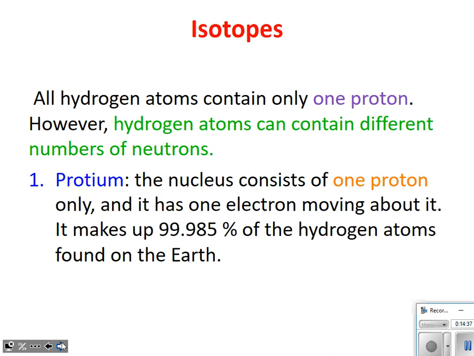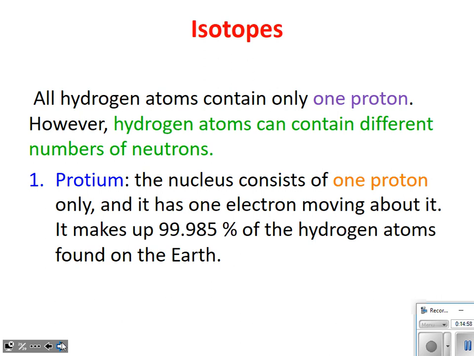None, because if you have 2 protons, you are helium. Okay? So all hydrogen atoms contain 1 proton. However, hydrogen atoms can have different amounts of neutrons.